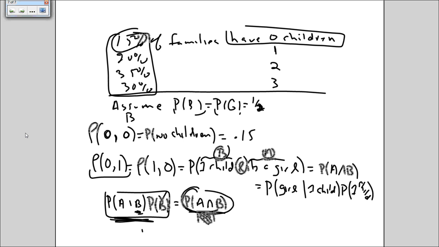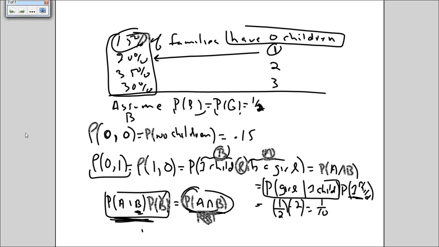Given that you have one child, what's the probability that it's a girl? Answer, a half. Times the probability of having one child, 20%, 0.2. This is 1/10, if I'm not mistaken.